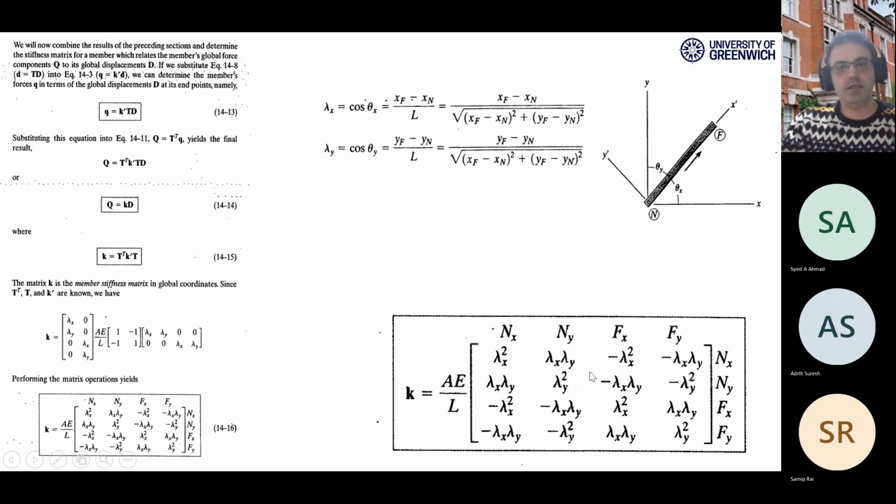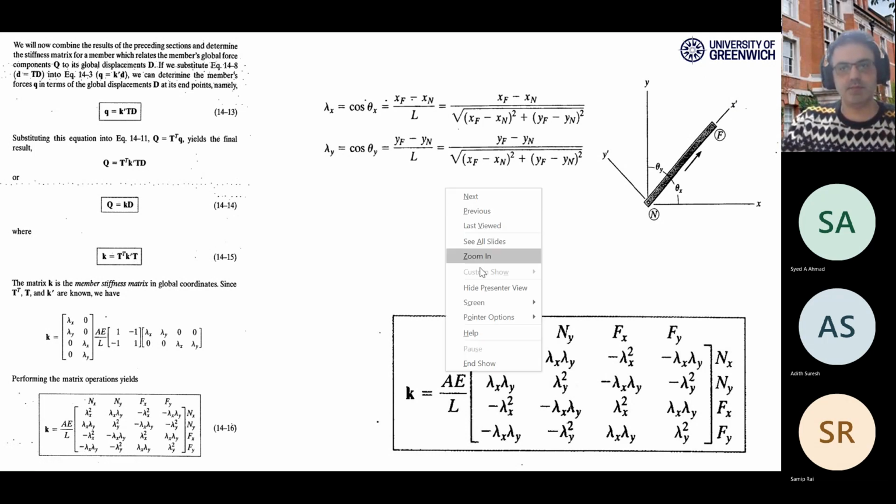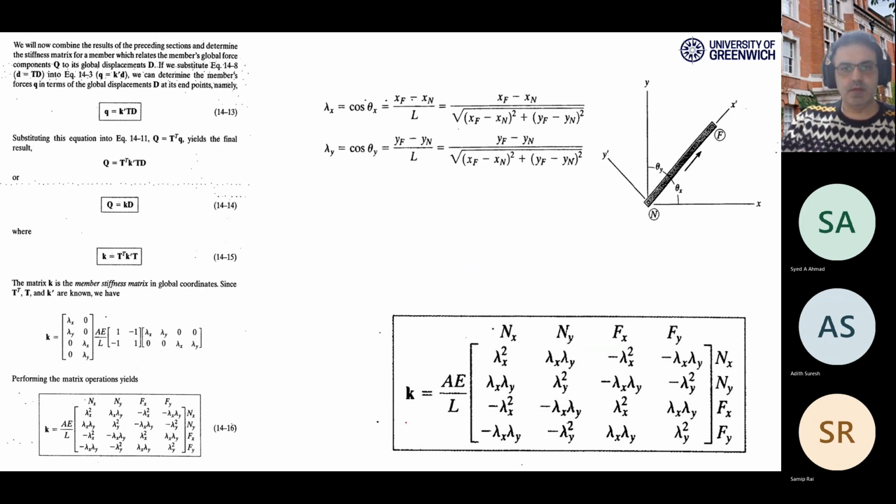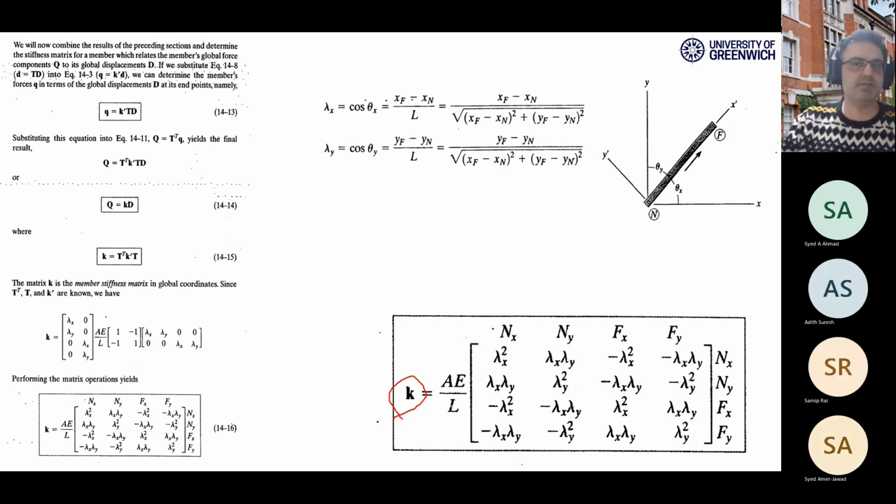We are really implementing this matrix. And for implementing this matrix, we need 5 parameters: A, E, L, and lambda x and lambda y. So A, E, L are really the characteristics of each element. And lambda x and lambda y can be defined like this.